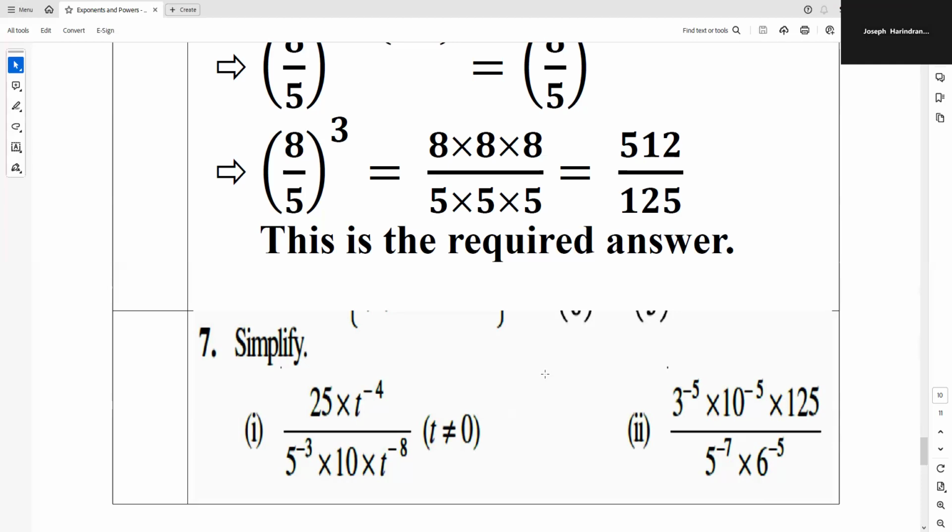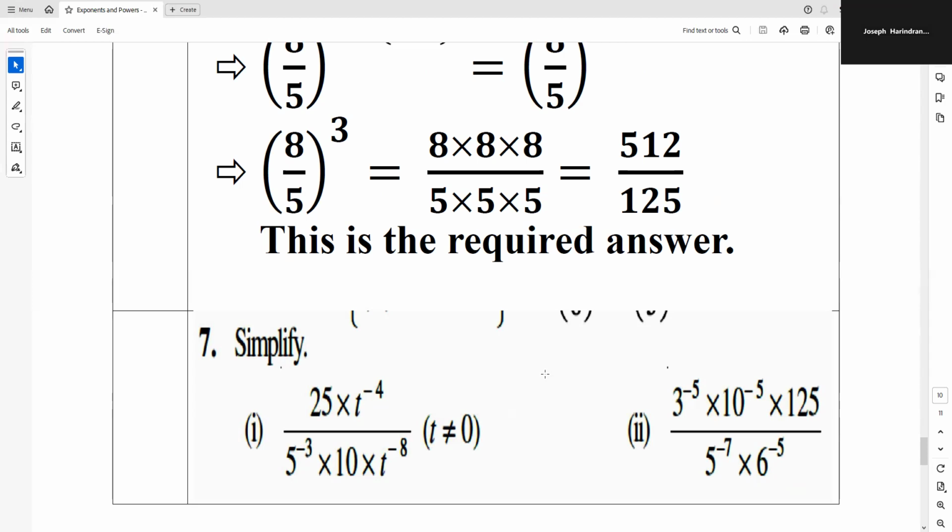The second subdivision of the 7th question is also a similar type of question. 3 to the power minus 5. Here again, we have a 10 to the power minus 5, which can be written as (2 into 5) raised to the power minus 5, so we have 2 to the power minus 5 into 5 to the power minus 5. Using the positive exponent rule, then we have the 5 cubed there, since 125 is 5 to the power 3. And 5 to the power minus 7 can be handled similarly.